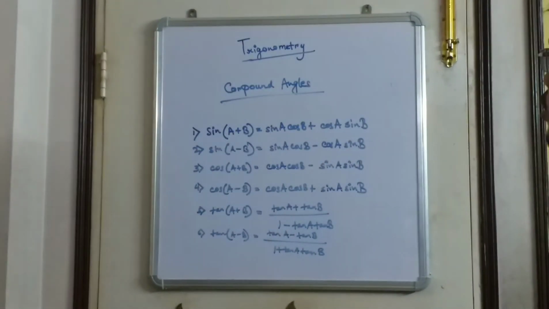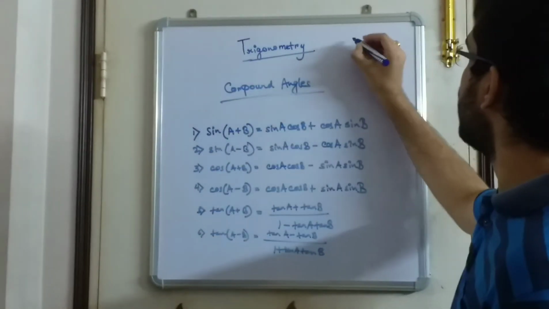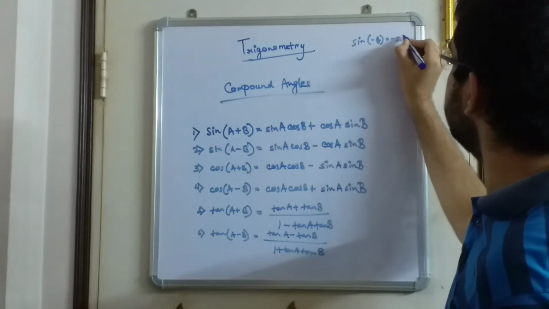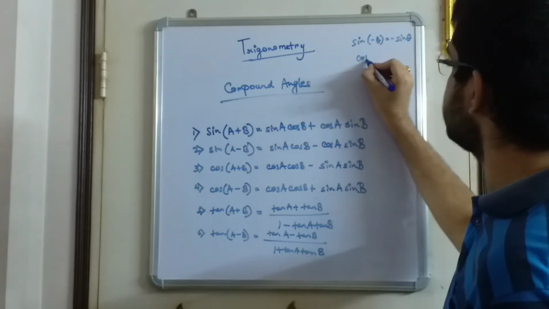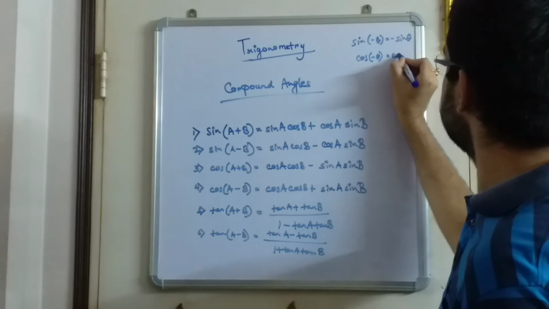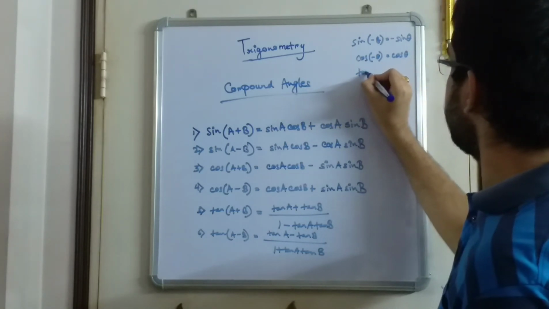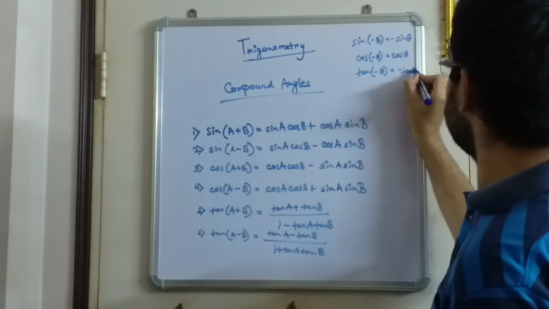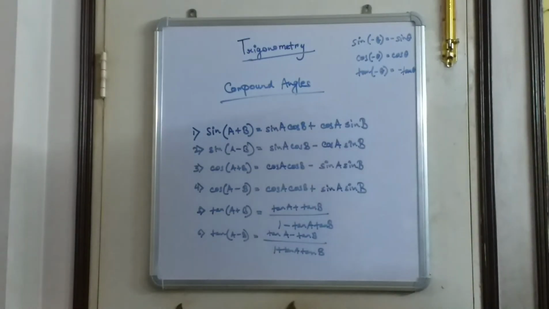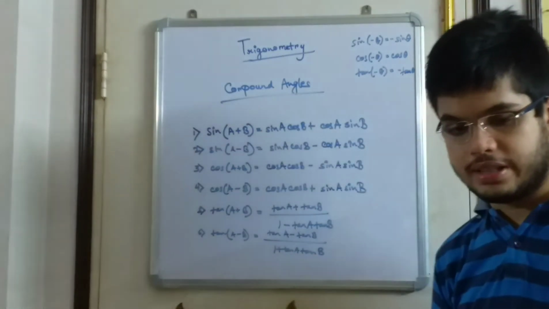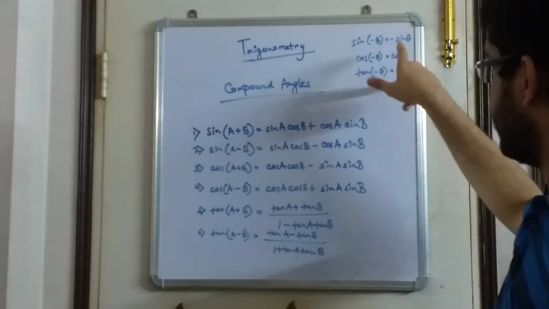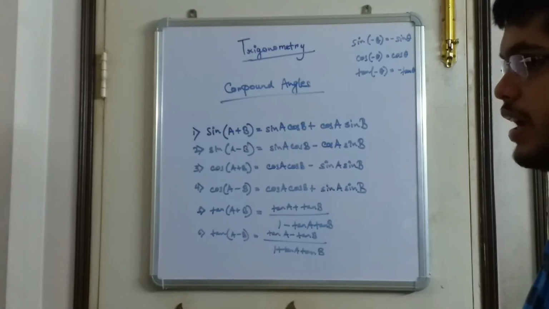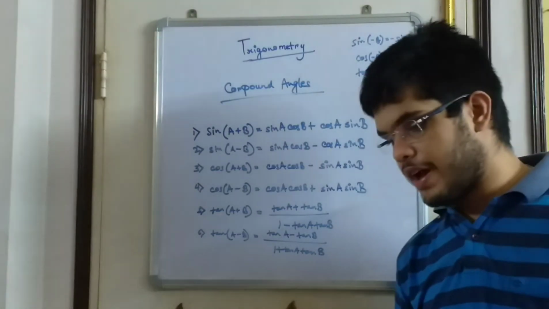Yes, one more thing which I forgot to tell you. Sine of minus theta is equal to minus sine theta. Cos of minus theta is equal to cos theta. And tan of minus theta is equal to minus tan theta. So for sine and tan, if the angle is negative, then the sign of the value will also change.